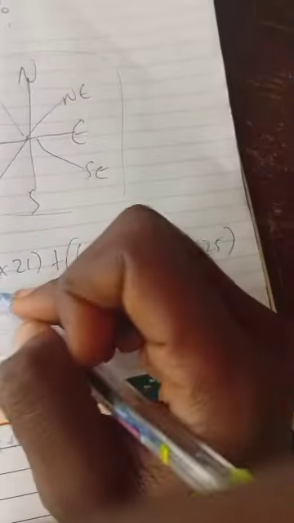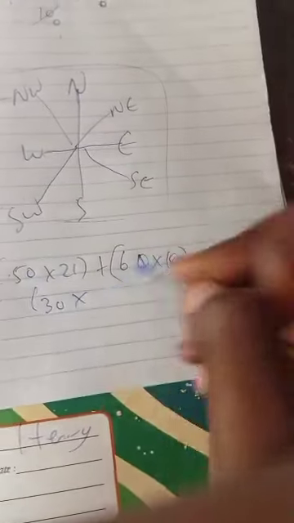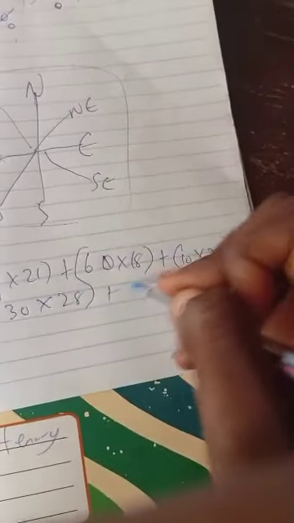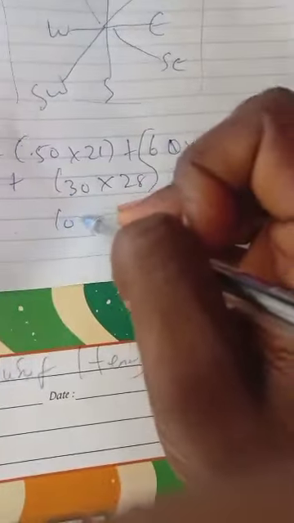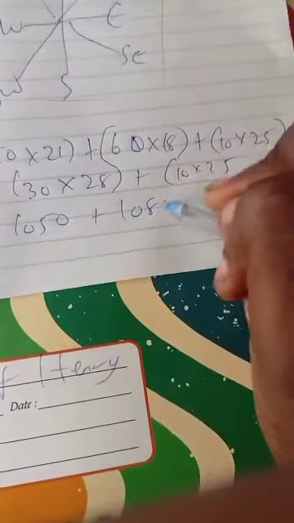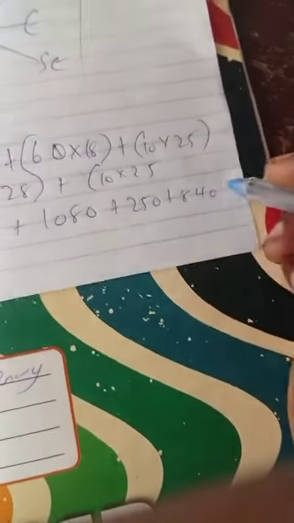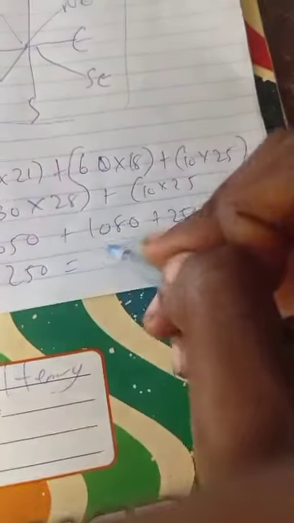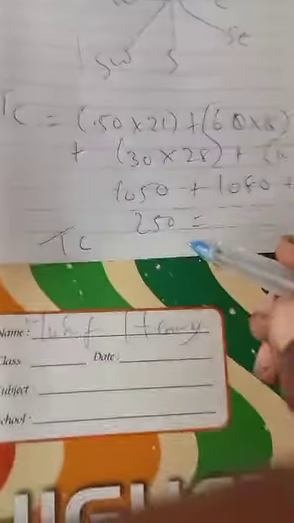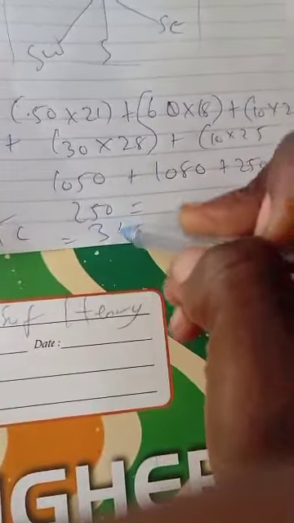We go to the next one, 30 times 28, and the next one is 10 times 25. So if we do this, I think we should have 1050 plus 1080 plus 250 plus 840 plus another 250, which if you check very well, our total cost will actually be 3,470. That is just the first one.